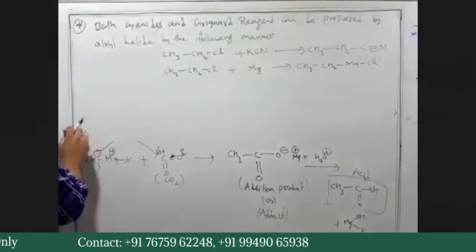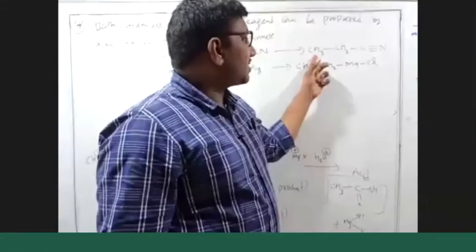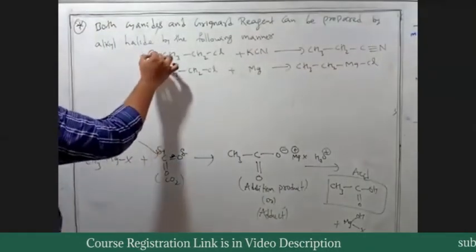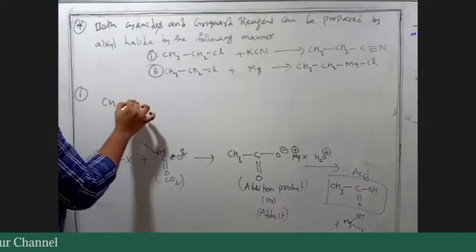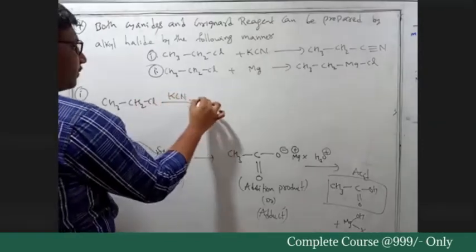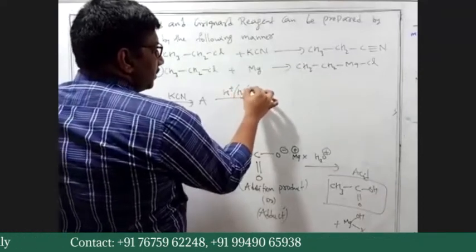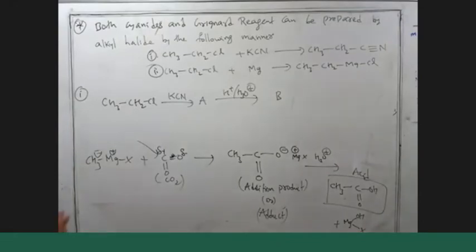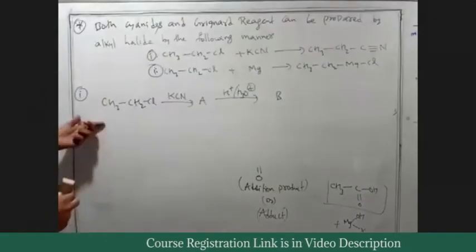We have already taken an example with CH3CH2Cl, and here what we have produced is CH3CH2C≡N. So this is the first case, and this is the second case. In the first case, if this was the reaction given to you, then what is A?